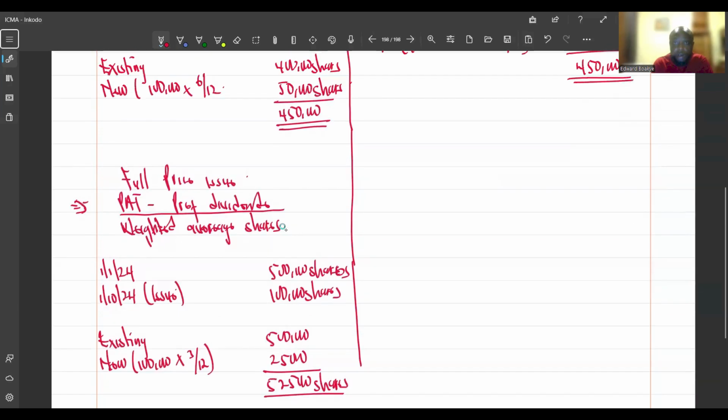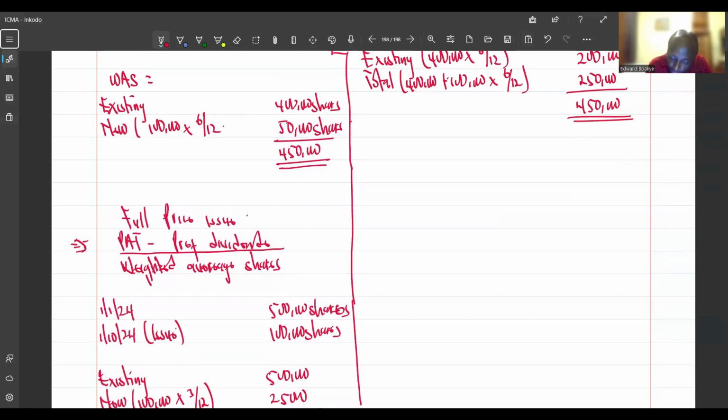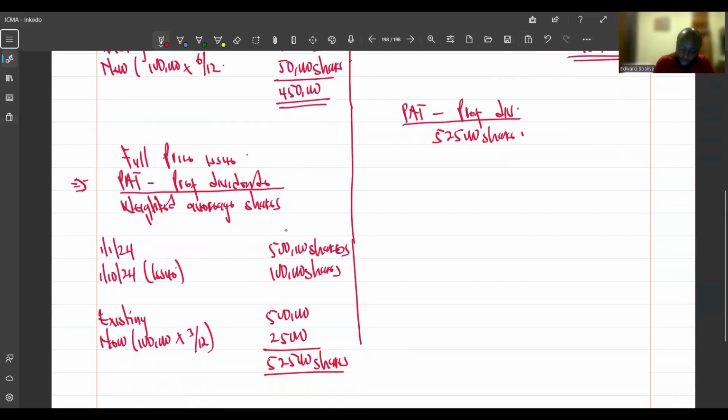So if we have our profit after tax, then it's going to be our profit after tax less preference dividend divided by 525,000 shares. So let's assume that we have our profit after tax to be, let's say, 100,000 cedis.